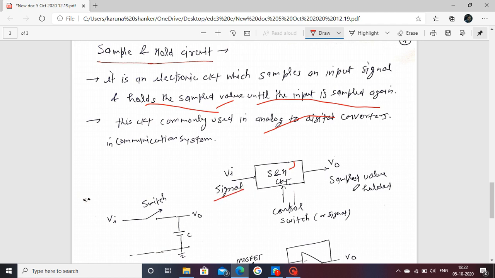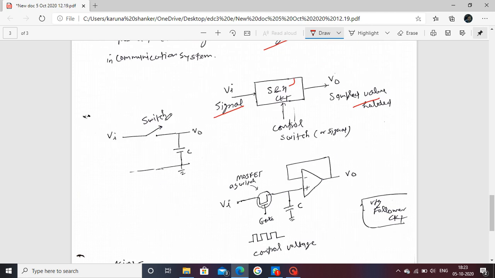The output is the sample values obtained here. One of the connections goes to the control switch, a control signal applied to control the sample and hold circuit.